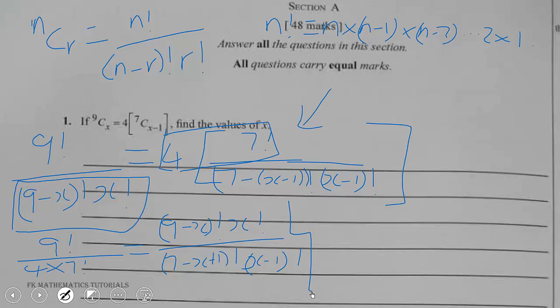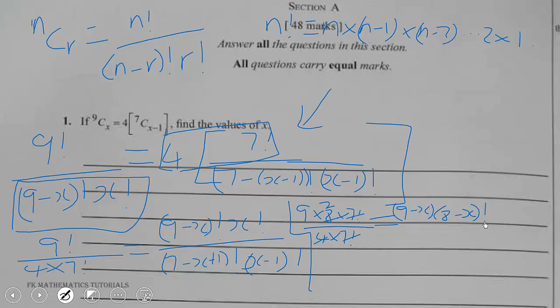So 9 factorial will become 9 times 8 times 7 factorial. I will stop here at 7 factorial because I have 4 times 7 factorial. I have 7 factorial in the denominator, which will cancel this, and the 4 will go into 8 two times. Then here, I will have (9 minus x) into (8 minus x) factorial.